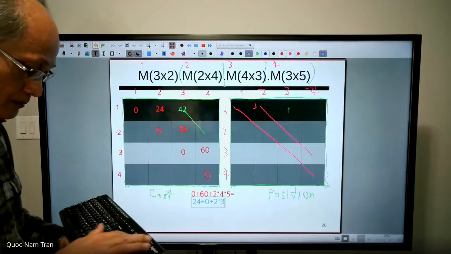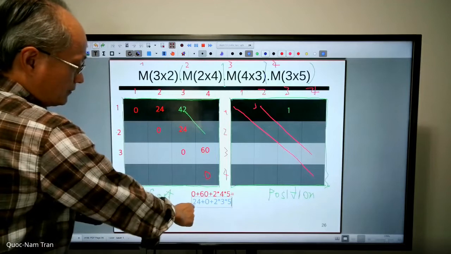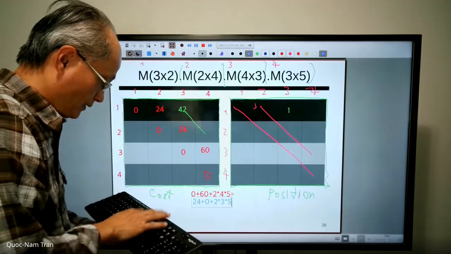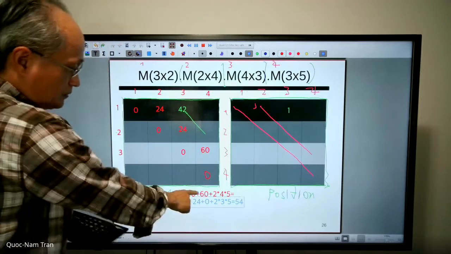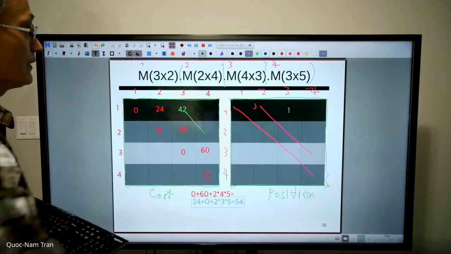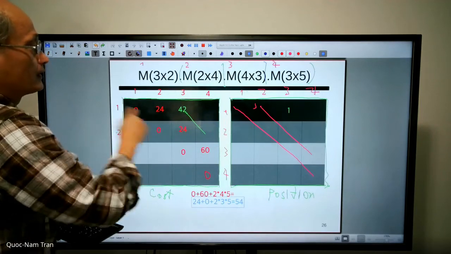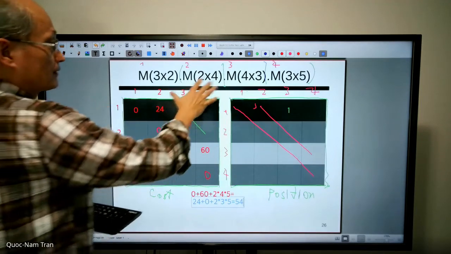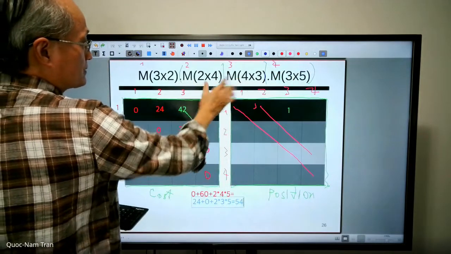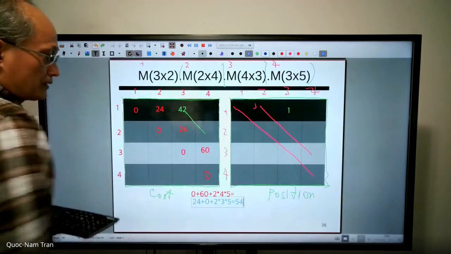2 by 3 by 5. It's 30, right? 30 here, we have 54, right? So this one will be the smaller one. This one is 60, already bigger than everything we have here. So we have 2 to 3 is 24, the right is 0, and the cost for multiplying is 2 by 3 by 5, which is 30. 30 plus 24 is 54.